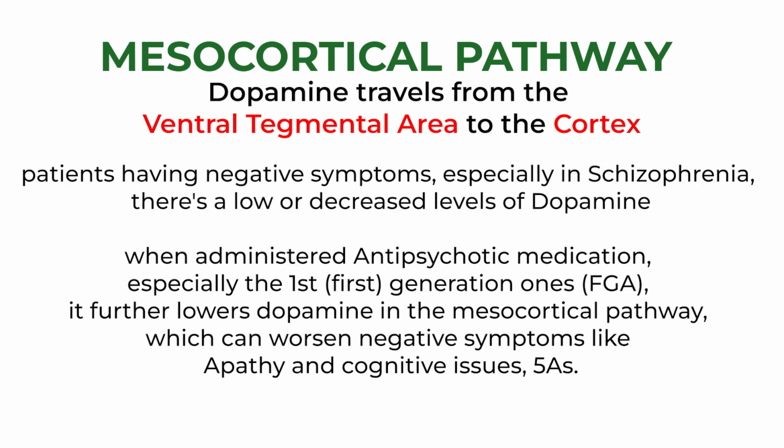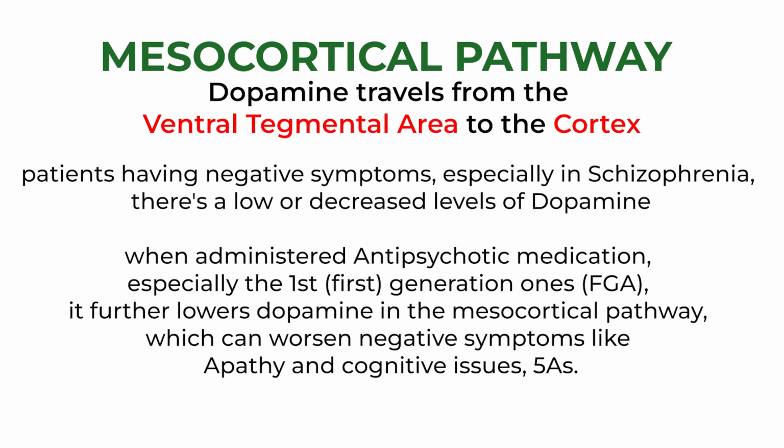And what is bringing the negative symptoms? In psychosis or schizophrenia, there is a low level of dopamine production in the mesocortical pathway. Students have to be very careful about these 2 pathways. In the mesolimbic pathway, there is excess dopamine production, but in the mesocortical pathway, there is low dopamine production in context of schizophrenia.